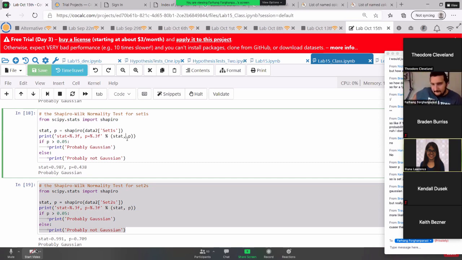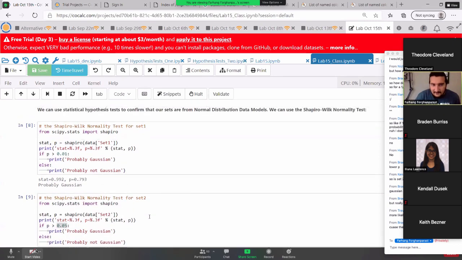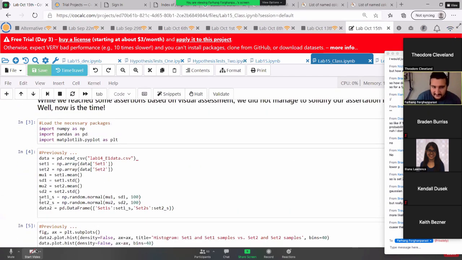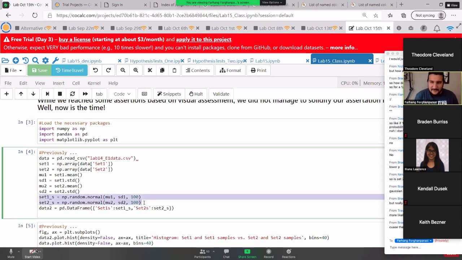Yeah, but even without looking at the p-value, the way that we define set 1s and set 2s is based on a normal distribution. When we were defining them, we simply said, create a normal distribution with mu1 and SD1, and then generate 100 numbers out of it.